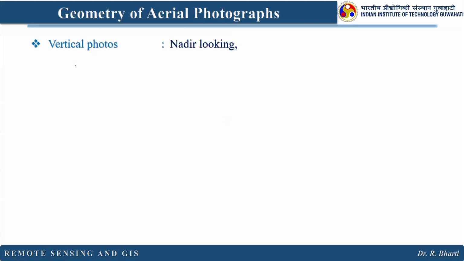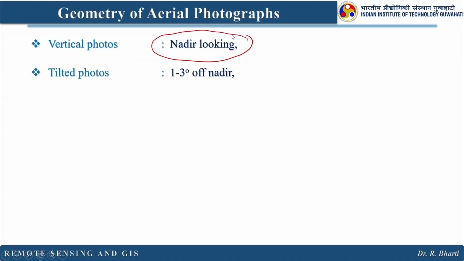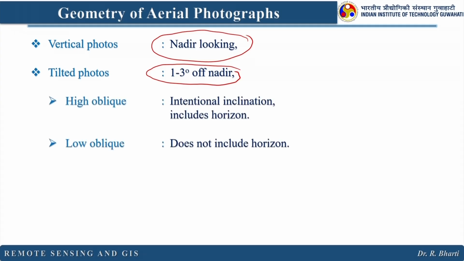So here in vertical photos, basically it is nadir looking. This is very important. Then in tilted photograph, which is basically 1 to 3 degrees off nadir, that is the minimum requirement, then only it qualifies for tilted photographs, right. And in tilted photograph you have two categories, first one is high oblique and second one is low oblique, and here this is the major difference.